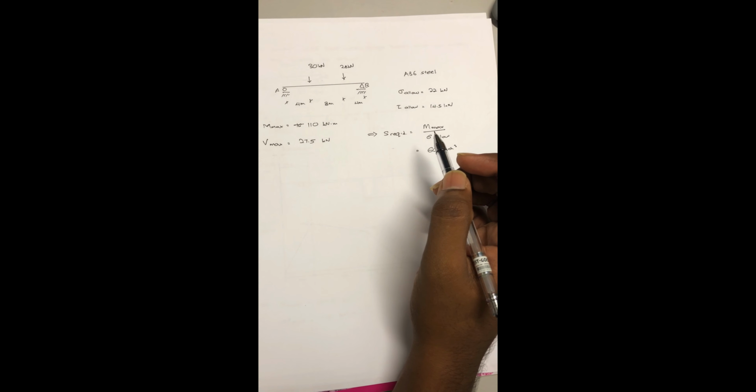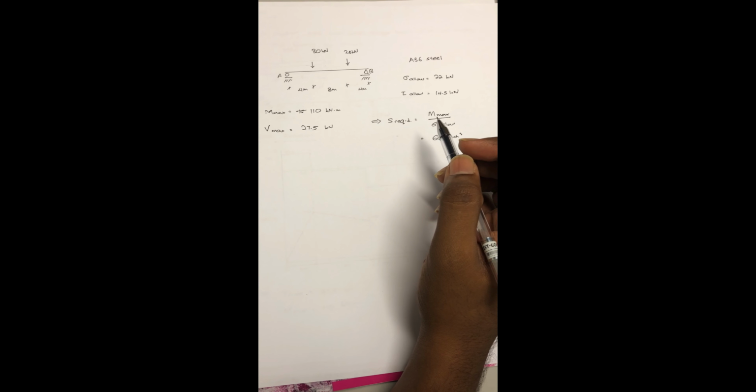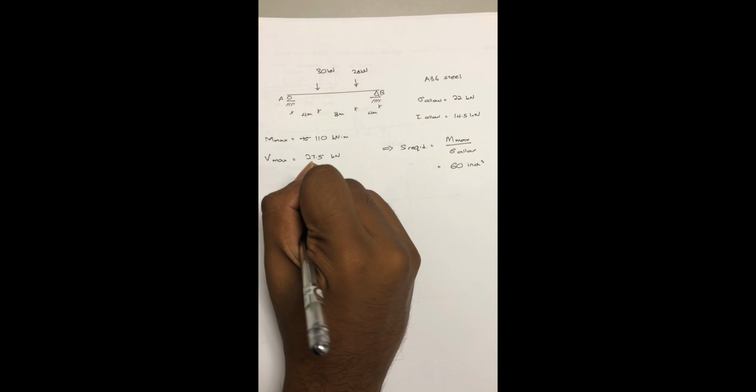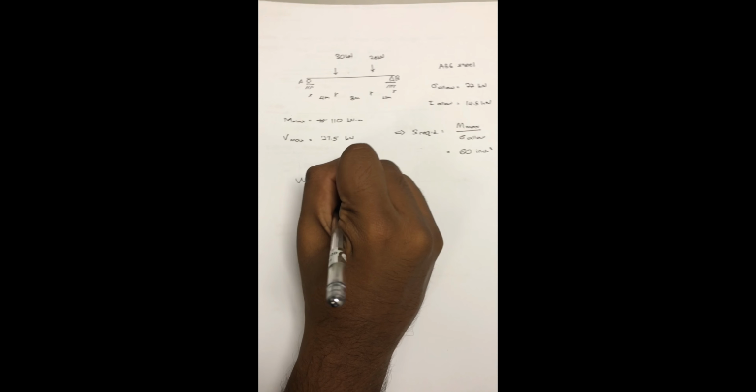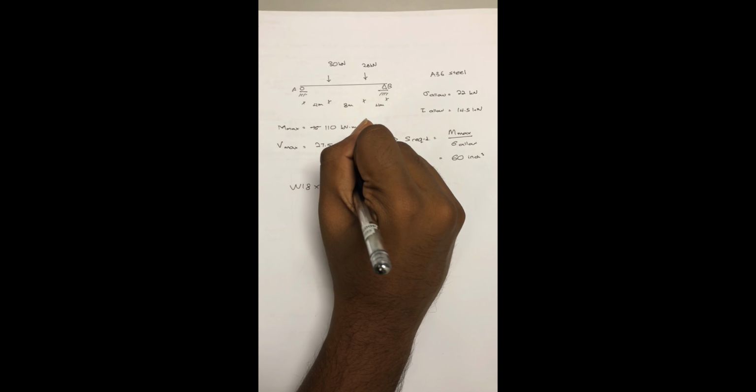Since this is 60 cubic inches, the best one is the W18 x 40 beam, the selected one.